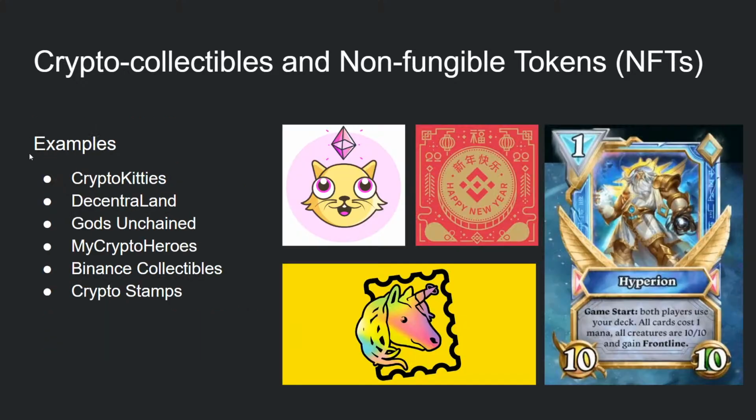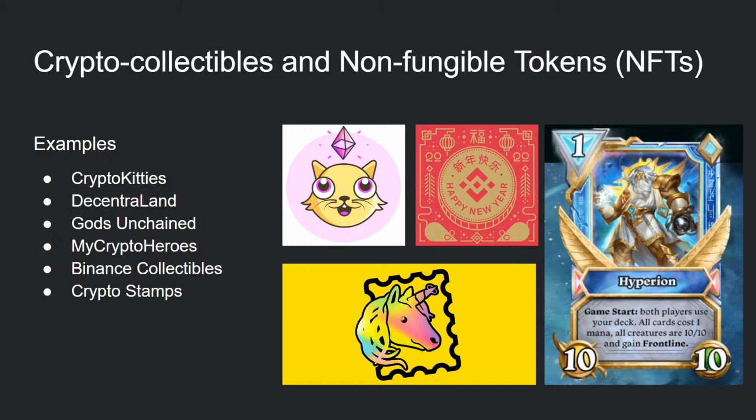Now let's move on to examples of projects that use NFTs. So you may have heard about CryptoKitties, which famously clogged up the Ethereum network with the high amount of transactions that it had spurred up at a certain point. It allows players to collect, breed, and exchange virtual cats that are, of course, NFTs.